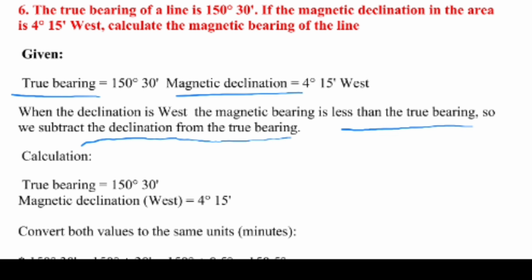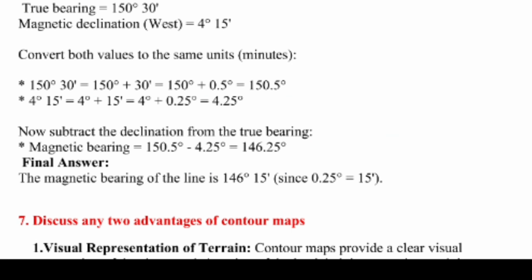Okay, so in the calculation, write down the true bearing and magnetic declination, and we have to convert the values into degrees. So 150 degrees 30 minutes: 30 minutes converted to degrees is 0.5, so you will get 150.5 degrees.